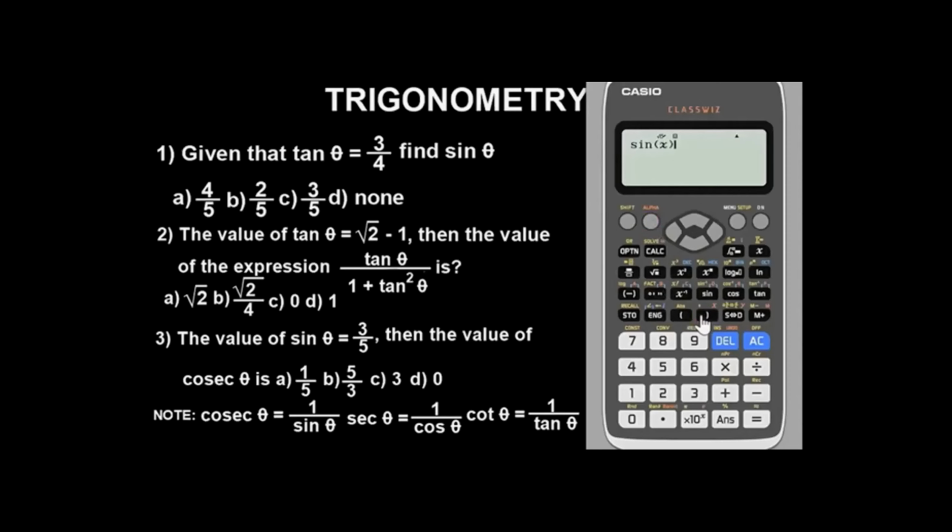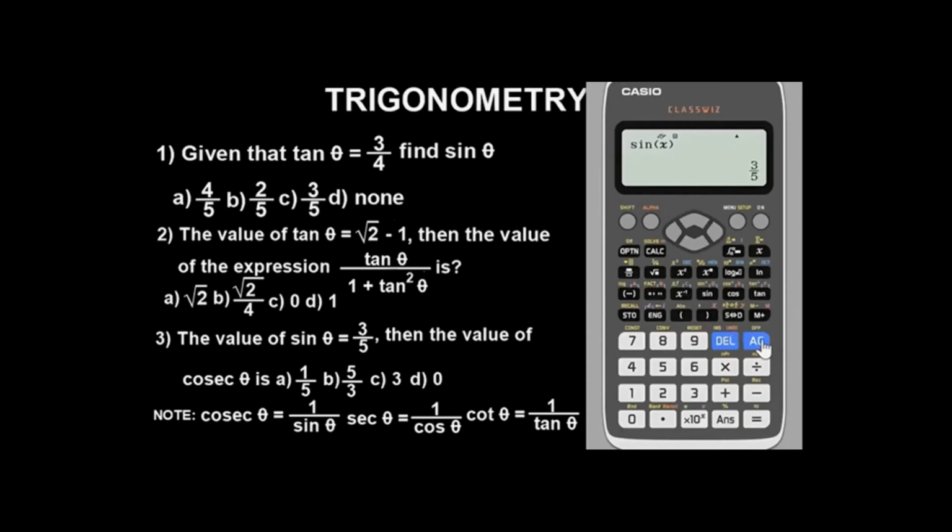This x is the number we stored for the tan inverse of 3 over 4, guys. It's very simple. Once you do the tan inverse of this, then come and press sin x, which is sin theta here. Press equal to, see the answer, 3 over 5. So the answer is what? Option C. Very simple, guys. It's as simple as that.